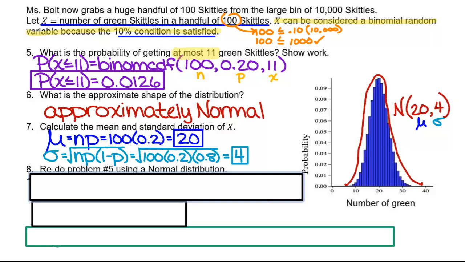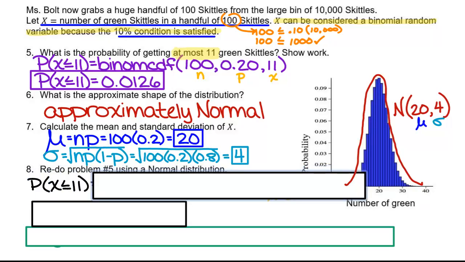All right. So let's talk about this one. First of all, if I'm doing a normal CDF, I still have to start this with probability notation. What does my probability notation look like at the beginning? What'd you say? P of x less than or equal to 11. Yep. P parentheses x less than or equal to 11.